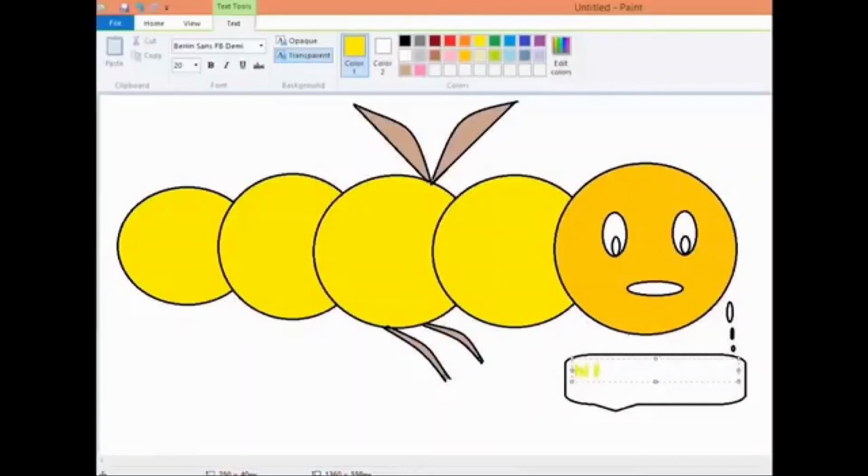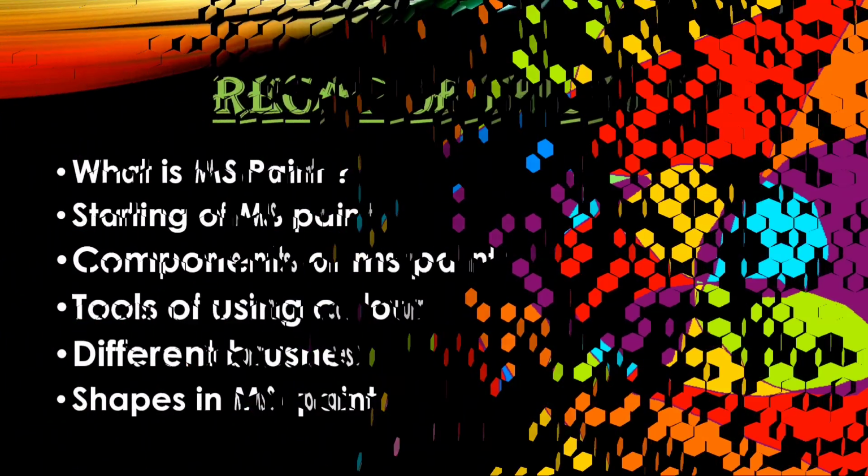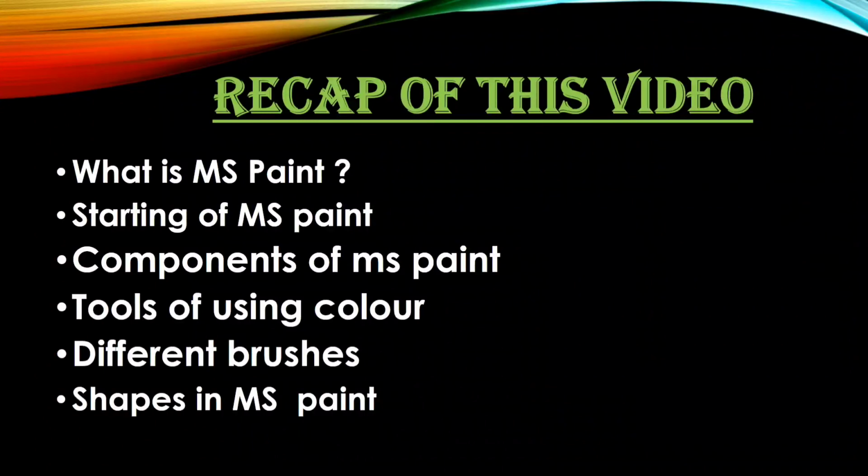Randomly you can sketch any line from any direction and just fill every region with a different color. You can also make such a beautiful drawing. Now children, it is interesting. So if you learn MS Paint, you can easily draw this type of drawing.